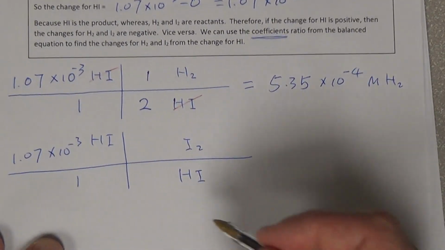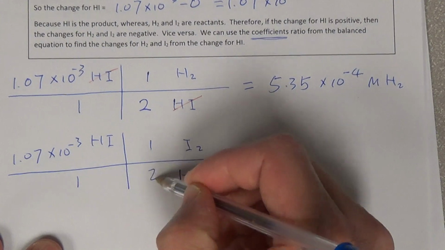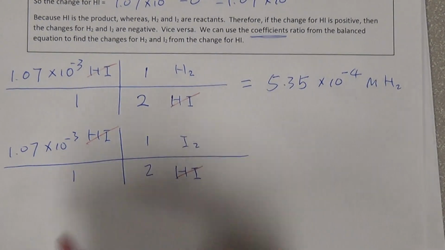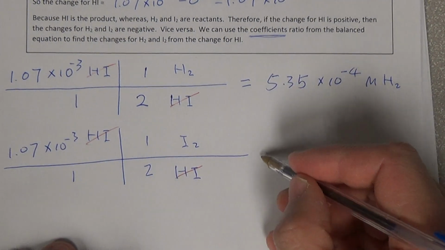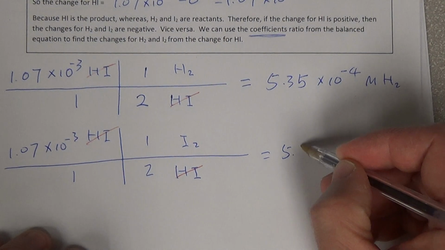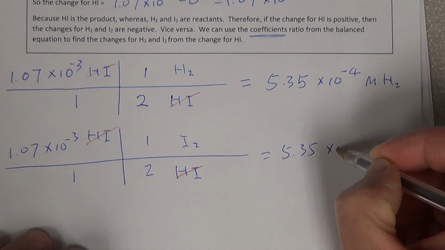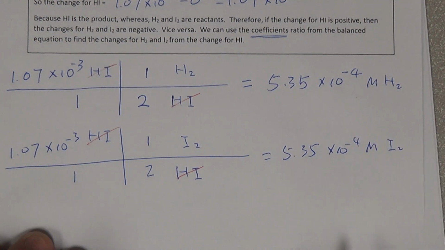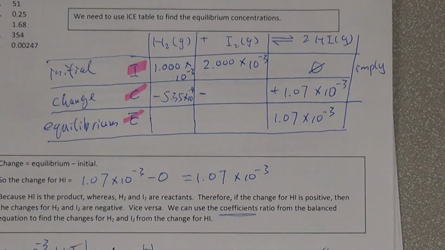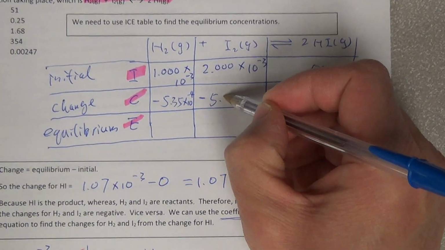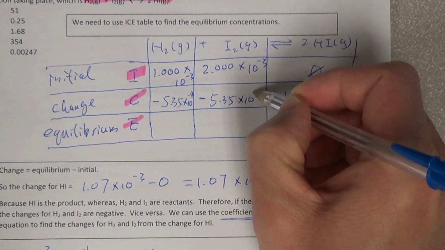So we go back to these fractions of 1 and 2, and see the HI cancel out and we get I2. It's the same number: 1.07 divided by 2 gives 5.35 times 10 to the negative 4 molarity of I2. We already know I2, same as H2, has a negative change, so it is negative 5.35 times 10 to the negative 4.